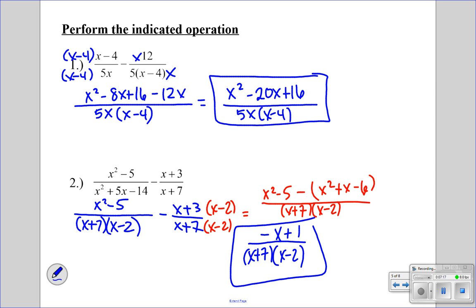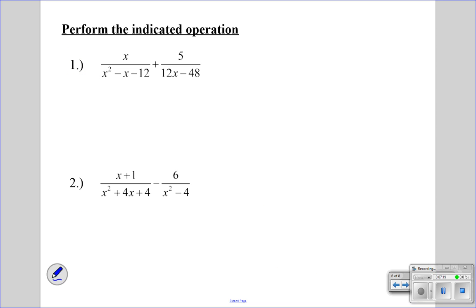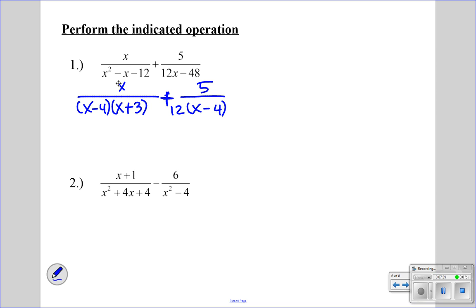All right, let's try another one. Okay, same process. Let's factor the first one. X minus 4 times x plus 3 equals 5 over 12 times x minus 4. And that should be a plus, not an equals. Okay? So we're going to multiply the first one, top and bottom, by 12. The second one by x plus 3 on top and bottom.